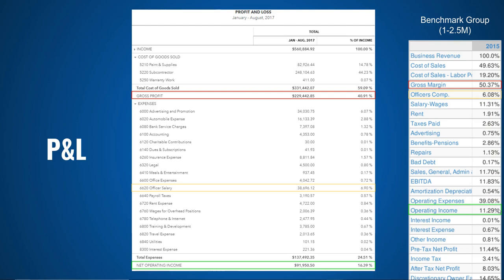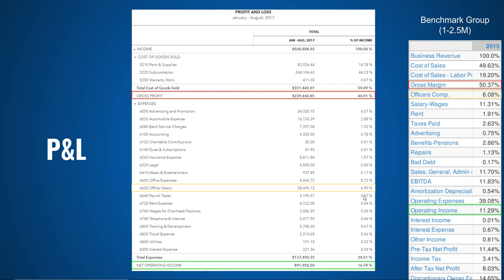The operating income goes to the business owner, and so does officer salary, assuming there's only one owner in this painting business. So we add those two together. On the benchmark side, that's about 17% of what we call discretionary earnings. And we look at the painting business we're analyzing, and they have 16 plus 7%. So they are about 23% discretionary earnings.